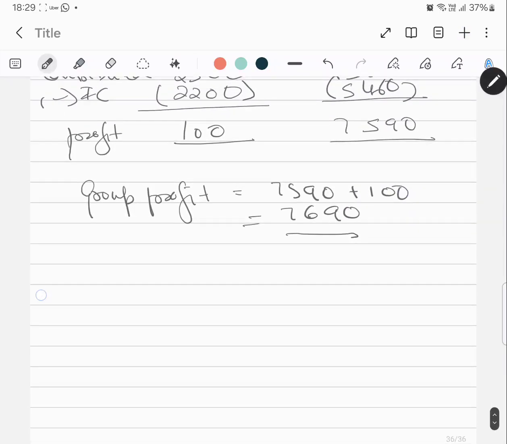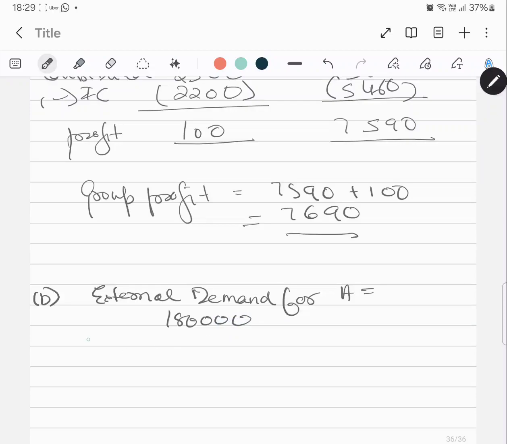See over here in B, external demand for A is how much? 1,80,000, but the actual sale by division A is how much? 1,50,000, right?